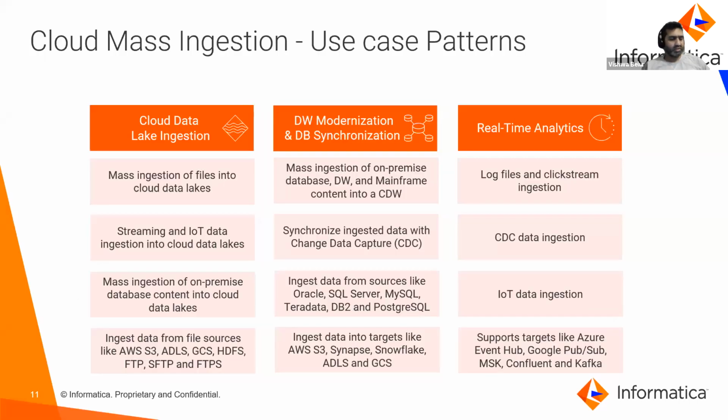So what are the use case patterns that it addresses, right? There are three major use cases. The first is data lake ingestion, like the way I said earlier, right? So get the data into a cloud data lake or an object store from a variety of sources, whether it is files or streaming sources or database data, essentially initial load of database data or even CDC load of database data into an object store like S3 or ADLS Gen 2, so that they can use that for real-time or downstream analytics, right?